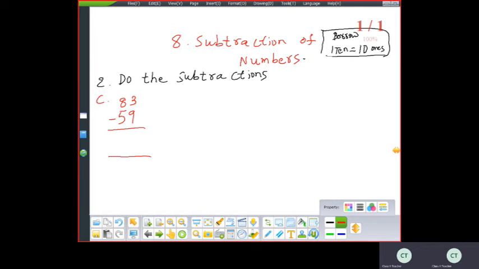Now subtraction is possible. First write place values 1 and 10.